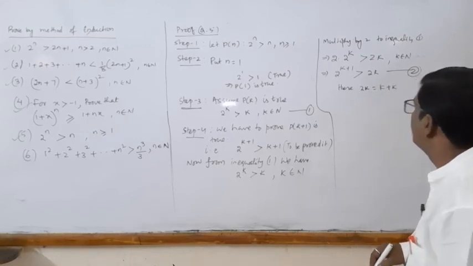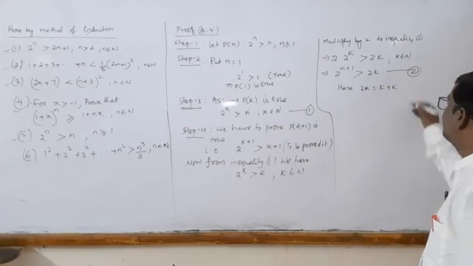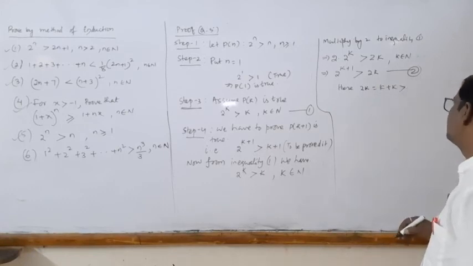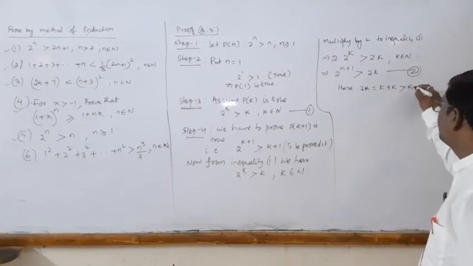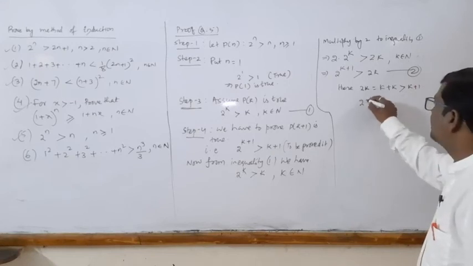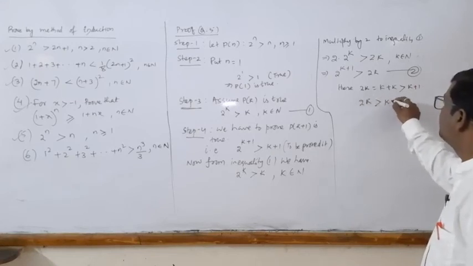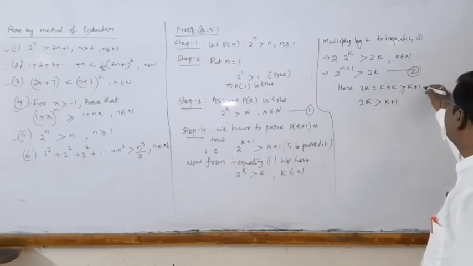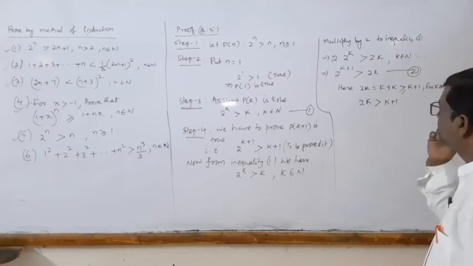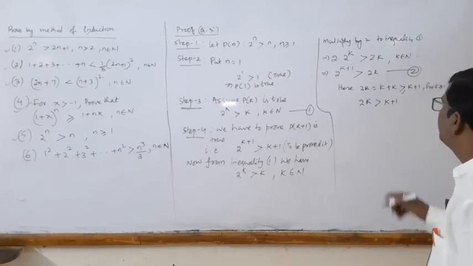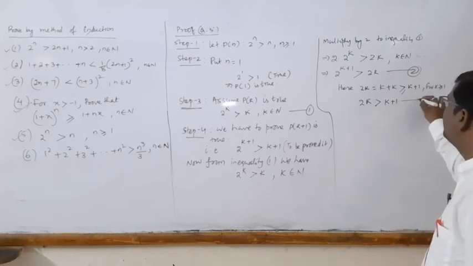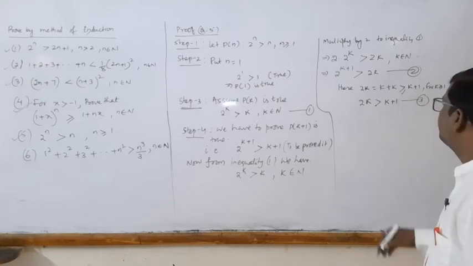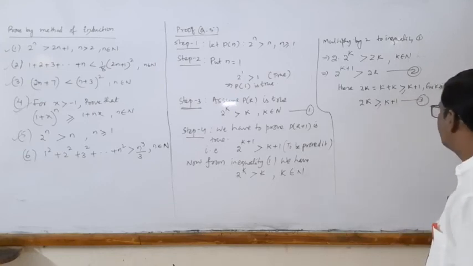So k plus k greater than or equal to k plus 1 for k greater than or equal to 1. This is inequality 3.